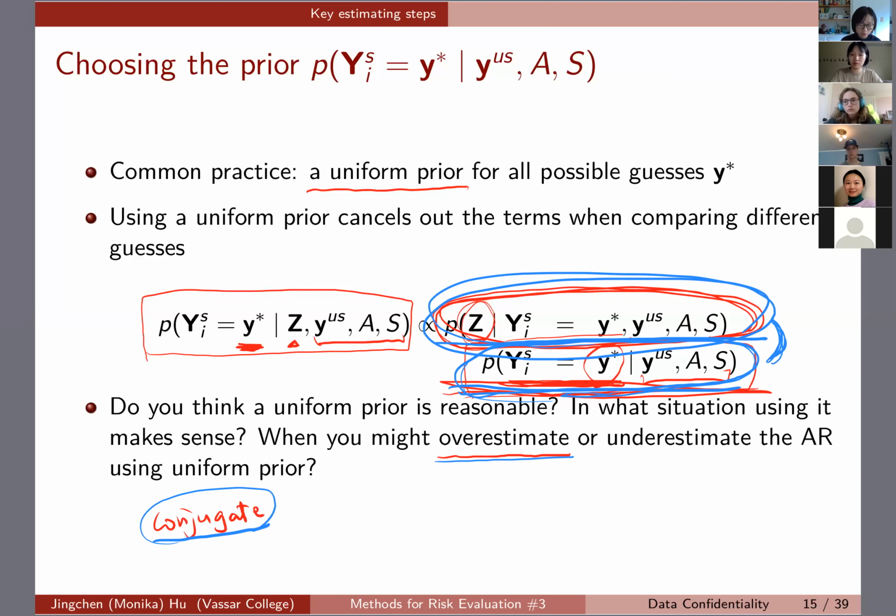So whether you use a conjugate or not probably wouldn't be that relevant. But if we do find a known distribution for the first part, for Z given a particular guess and the intruder knowledge, then thinking about conjugacy will definitely simplify the estimation of the left-hand side. Okay, that's good to know.